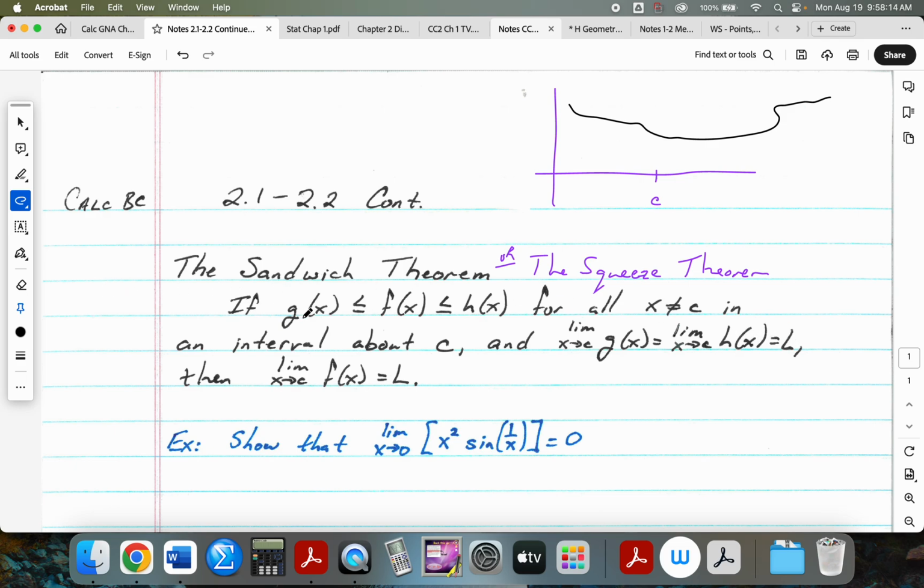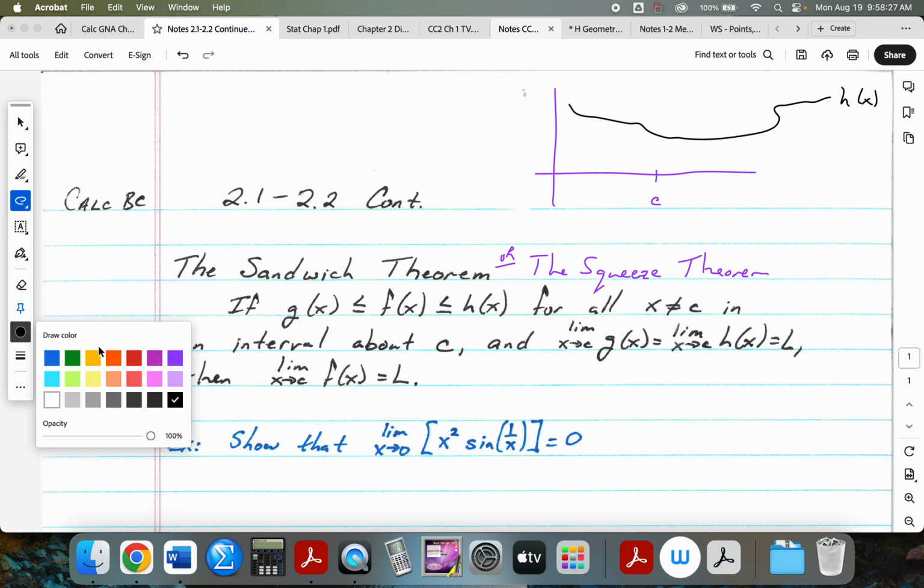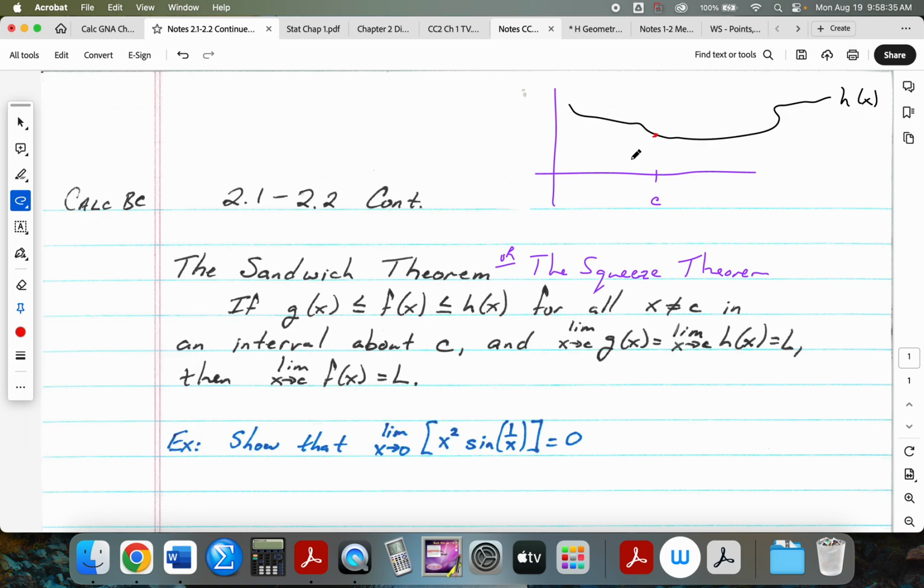And, all right, sorry, that would be the one on top. That's going to be h of x. H of x is always the biggest one. And g of x is always smaller than that, but it goes to the same point as x goes to c. It goes to this point.